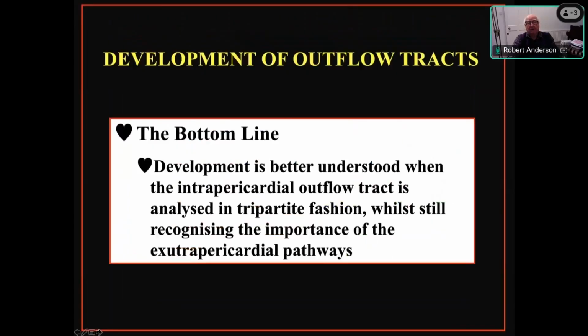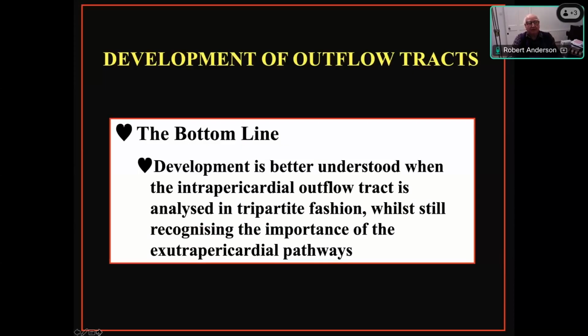So what I hope I've shown you in the 4 sessions I've given you on cardiac development, and now particularly in this final session concerning the outflow tract itself, is that development can now be well understood. But with regard to the outflow tracts, we need to adopt this tripartite fashion, and we need to recognize what is going on in the extrapericardial pathways.